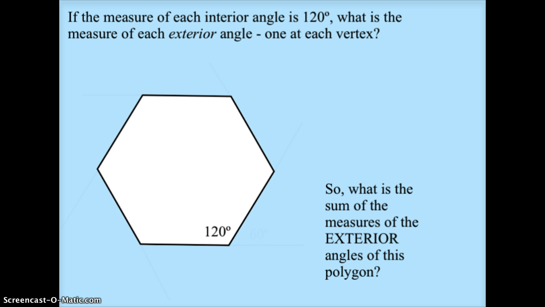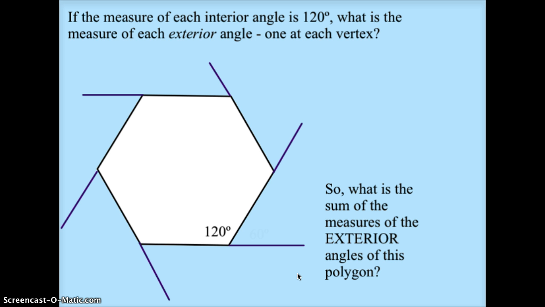If the measure of each interior angle is 120 degrees, what's the measure of each exterior angle? One at each vertex. If I extend each side, one at each vertex, I would create the picture that you see.